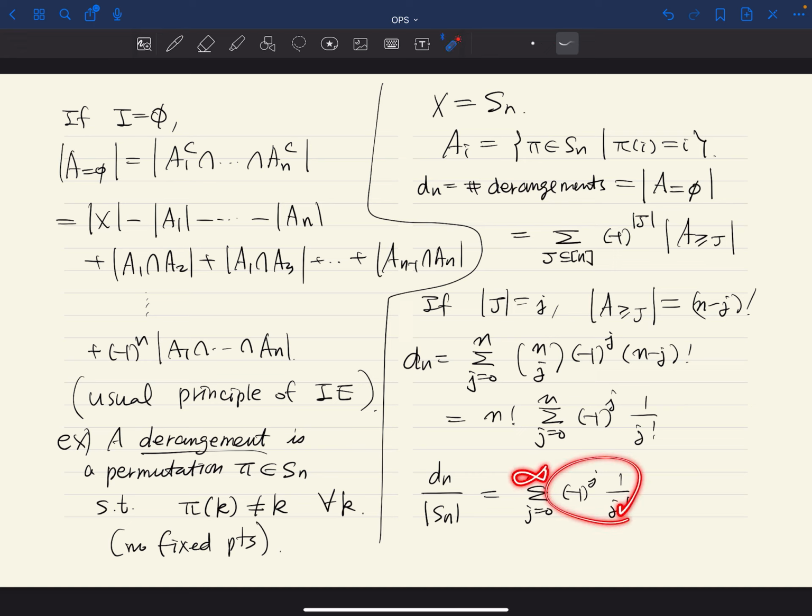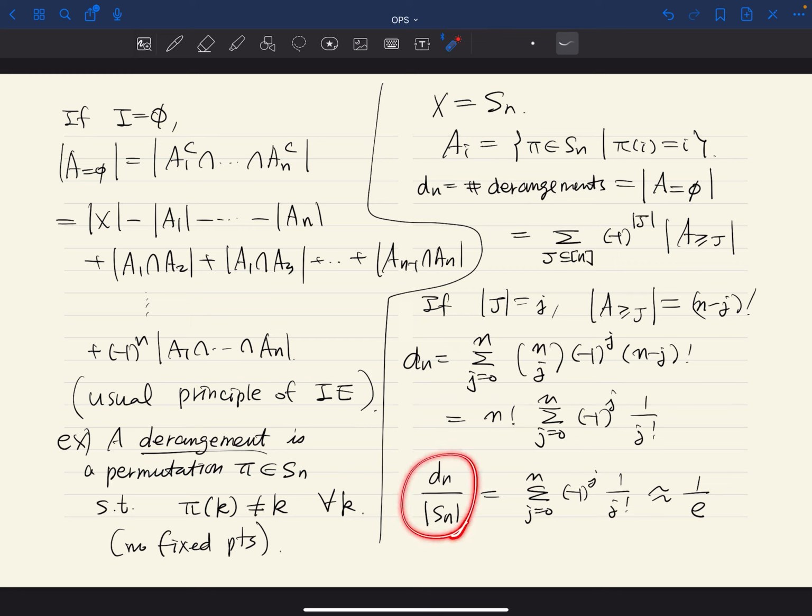If this were infinity, this is 1 over e. So this is almost 1 over e, because this sequence, this partial sum, converges to this very quickly. So even if this is only 12, this is very close to this number. And 70 is closer, but almost the same if we just compute them.